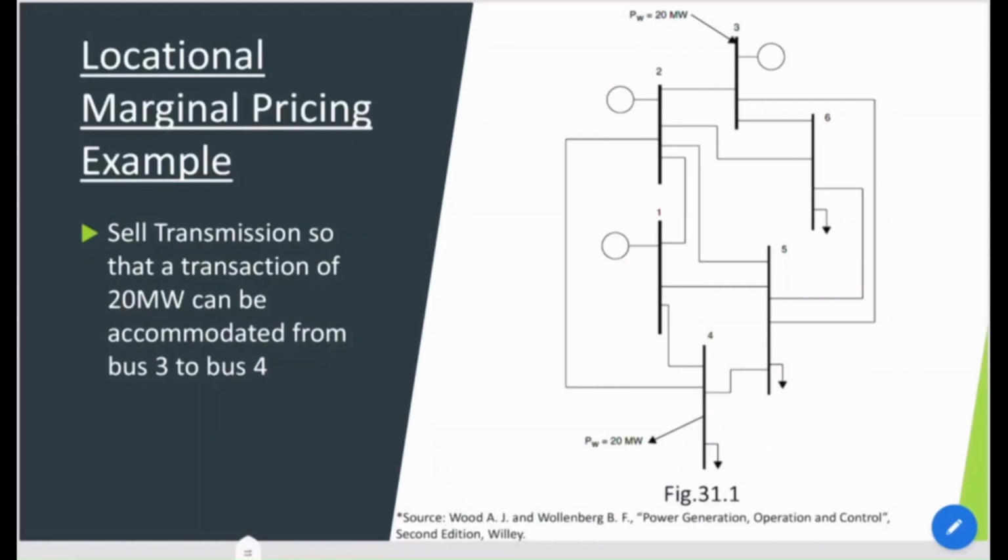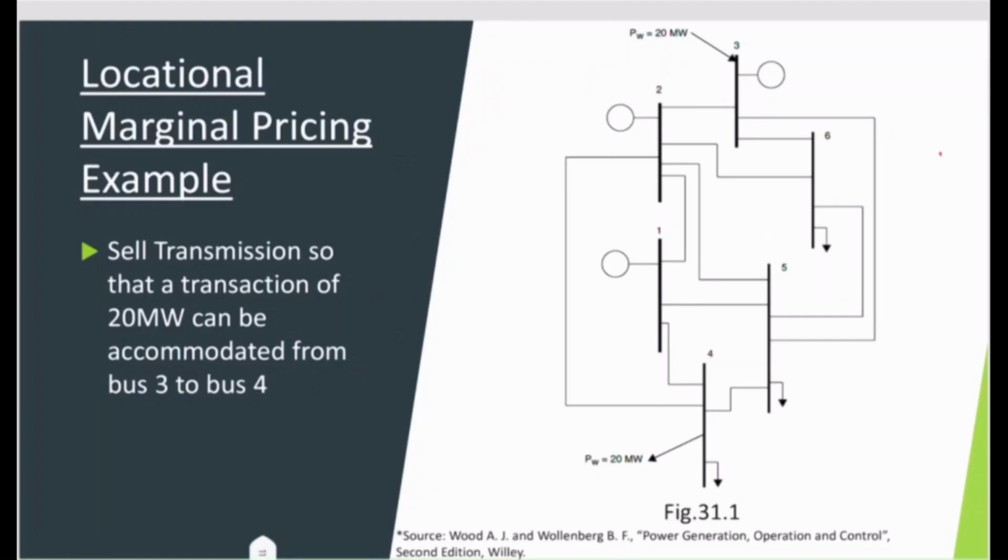So we would like to push 20 megawatt at Jaipur and withdraw 20 megawatt at Ahmedabad. From figure 31.1, as you can see, it is a system of 6 buses with generators at bus numbers 1, 2, 3, most buses interconnected through transmission lines, and a couple of loads located at bus numbers 5, 4 and 6.